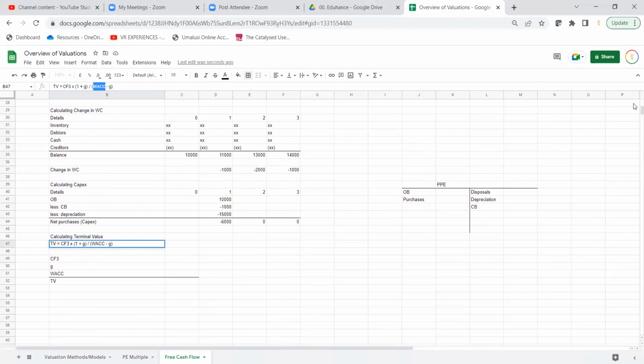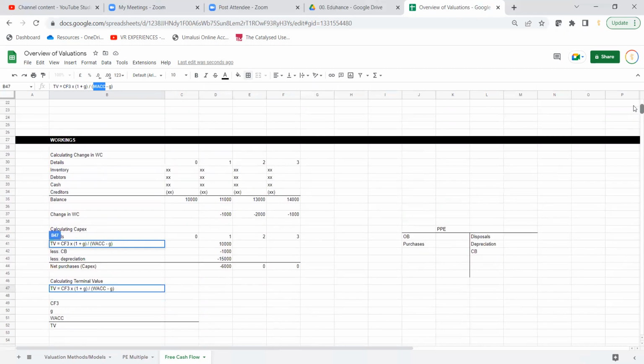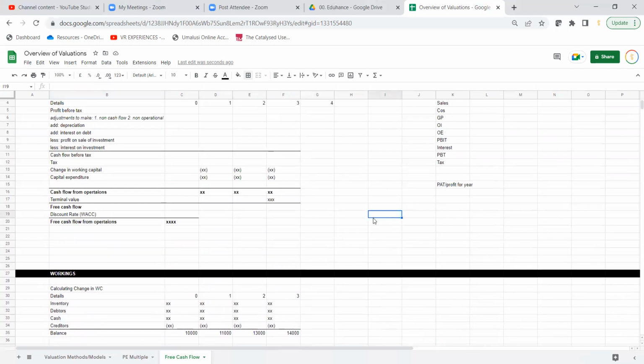The other thing you want to identify, where do they plug in the terminal value? They will sometimes plug the terminal value in over there. But the terminal value needs to be in at the end of the explicit period, and then you need to discount it to year zero. So just take note, okay?